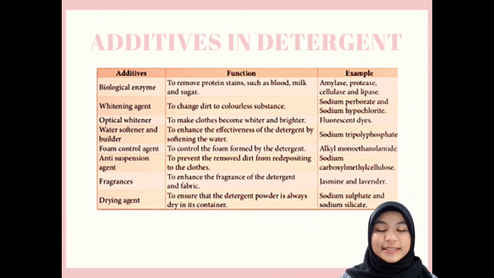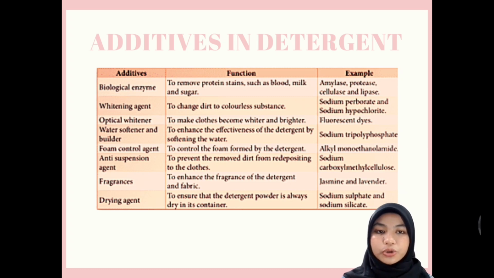So this is the last part for detergent, which is additives. So the first additive is biological enzyme. Its function is to remove protein stains such as blood, milk, and sugar. For example, amylase, protease, cellulase, and lipase. Number 2, whitening agent.